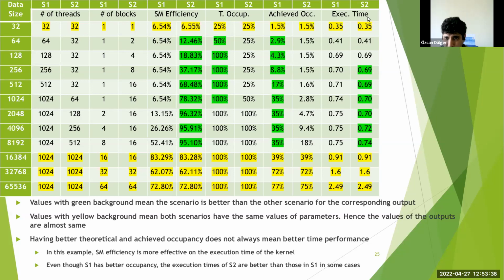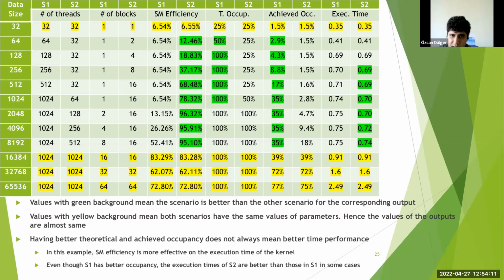With S2, we achieve better execution time over S1 when the data size is between 2^8 and 2^13 here. So this shows us that both theoretical and achieved occupancy do not always dominate the execution time.